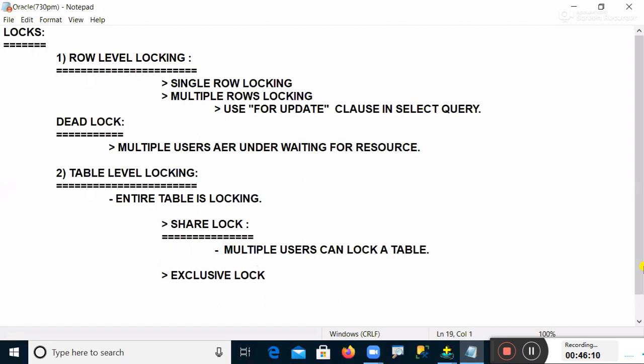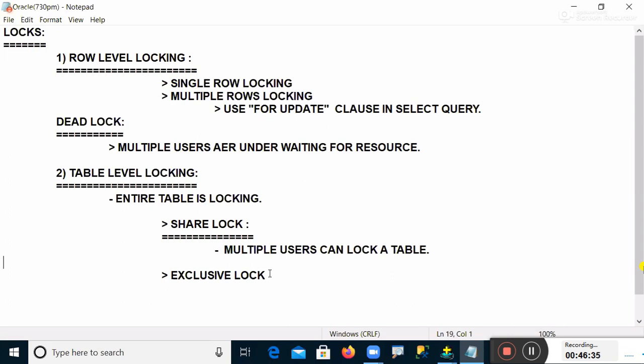That means in the share lock mechanism, multiple users can lock. I can lock the table, you can also lock the table, and some other person can also lock the table. So there are chances that multiple users can lock your table. That is called a share lock.